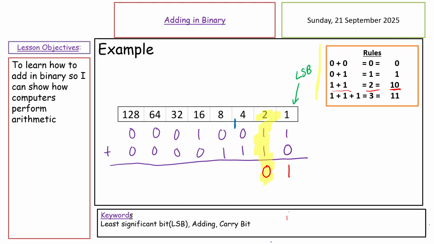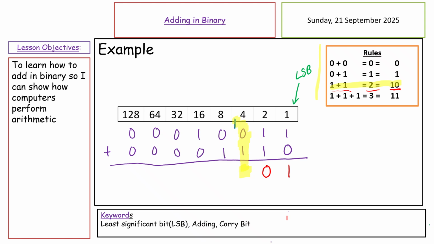and we're going to carry it over to the next column. So now in the next column, I've got a 1 plus a 0 plus a 1. And again, that is this line here, because 1 plus 1 gives me 2. So then it becomes 1 plus 1, which is 2, which the answer looks like 10, because it's the 2 column on and the 1 column off.